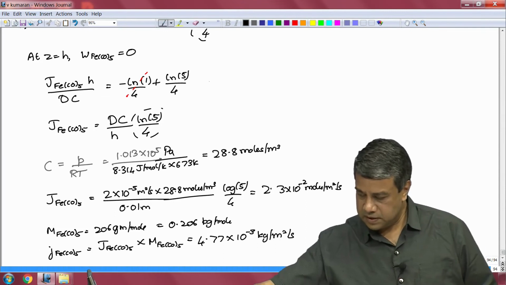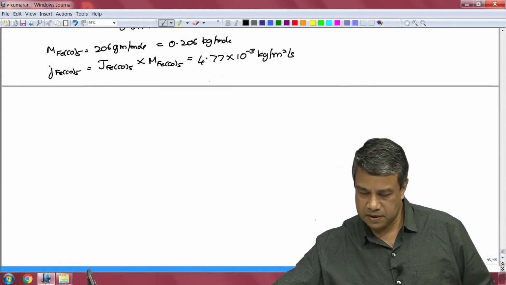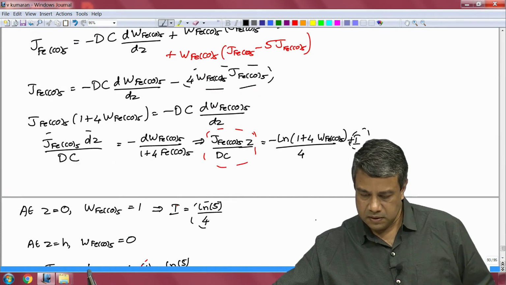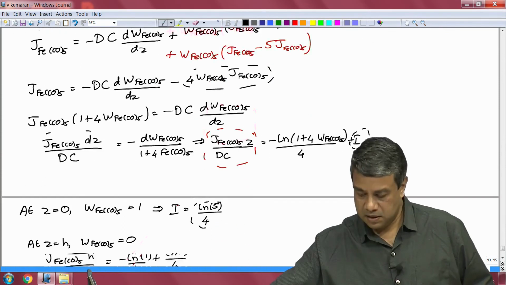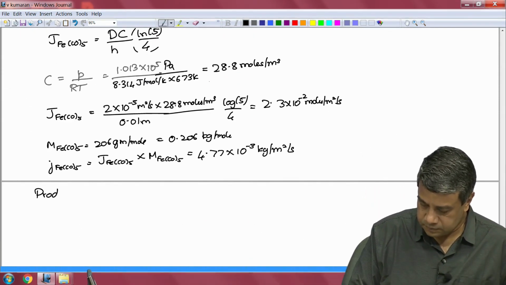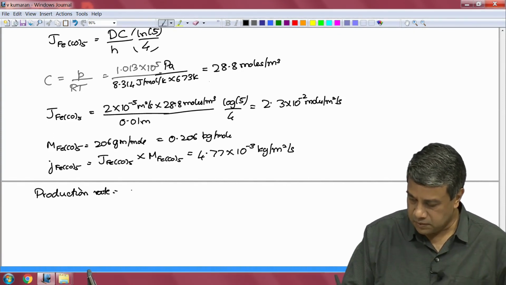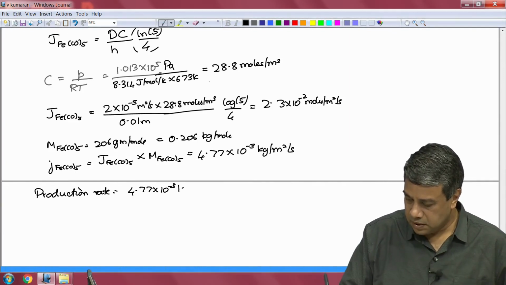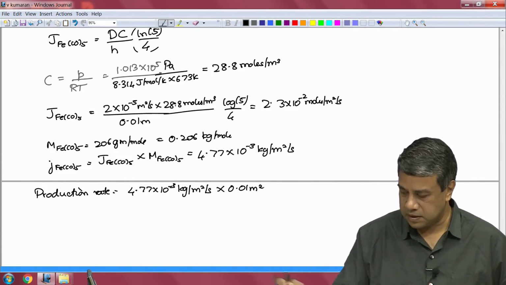That is the mass flux, and the total production rate is the mass flux multiplied by the cross sectional area. You recall the cross sectional area was 0.01 meter square. So, therefore, the production rate is equal to 4.77 into 10 power minus 3 kg per meter square per second into 0.01 meter square, that is the area.